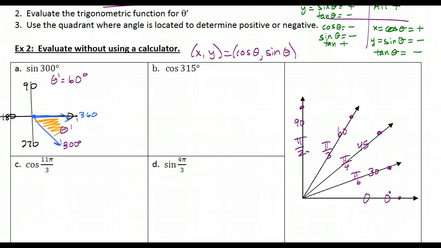Here's how I always have this memorized. First of all, 90 degrees is at (0, 1), because it's my unit circle, and it's 0 along the x and 1 along the y. And my point down here is (1, 0), because this time it's 1 along the x and 0 along the y. Now here's how I remember the rest. 45 degrees is always easy, because that is square root of 2 over 2, square root of 2 over 2.